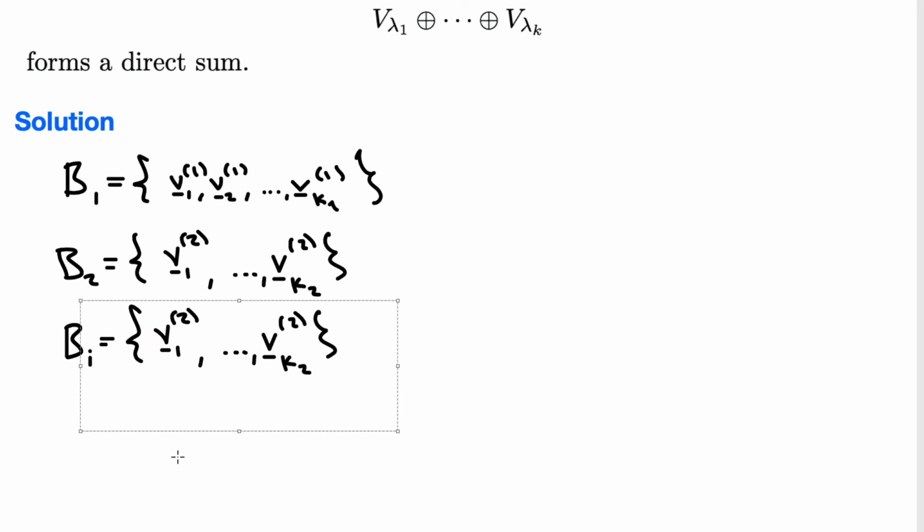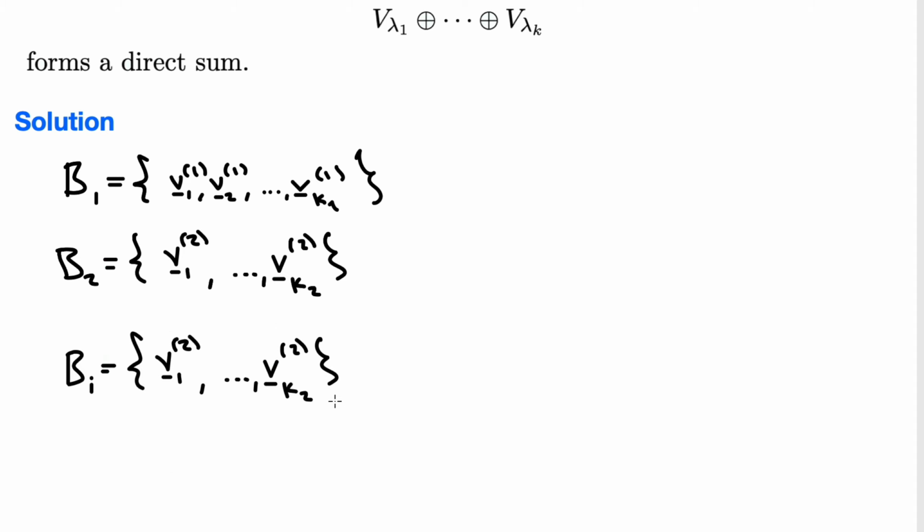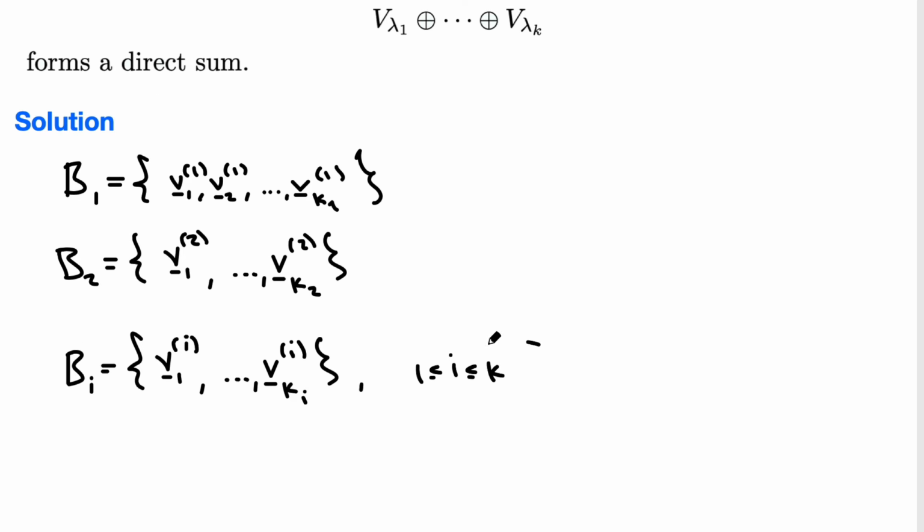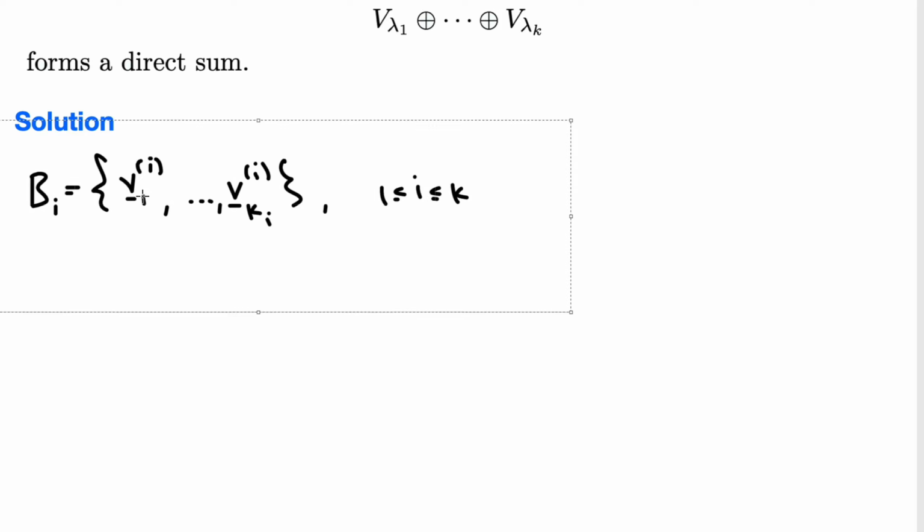So v1 up to v_ki, where we use an index i to tell the difference between each basis B. So i and i, and here it's ki. And this means that i runs from 1 to k. So this is redundant here. I just wanted to work concretely, but really what we want is this, okay? If we substitute 1 here, we get B1. If we substitute 2, we get B2, and so on. So we really don't need this part here, and we can just write this.